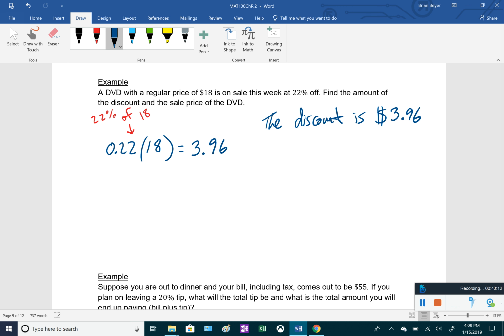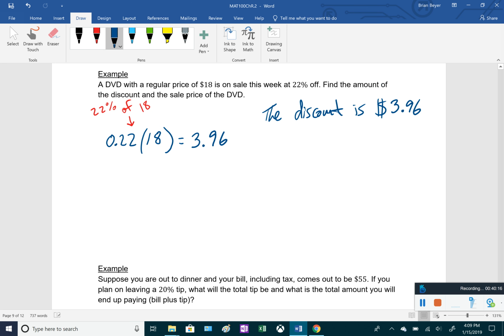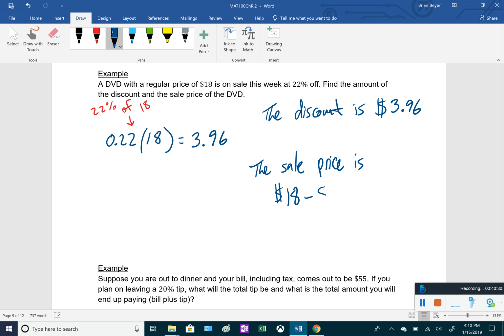We didn't mess up. So if we want to know the sale price, it's going to be $18 minus the discount, which we can subtract just like we did previously also.